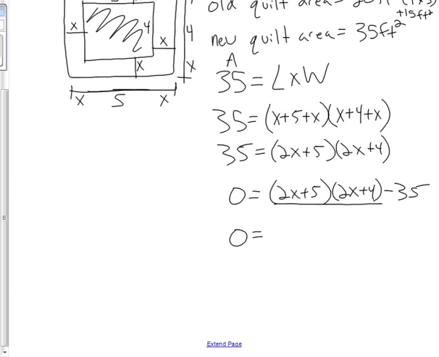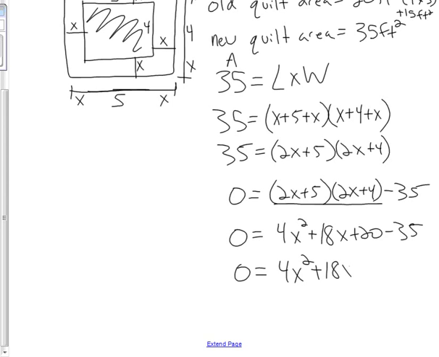And that's going to give us 4x squared plus 18x plus 20 minus 35. Okay, and then we'll simplify the last step. Minus 15.